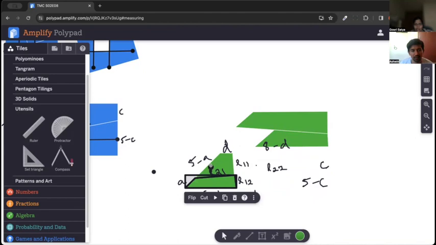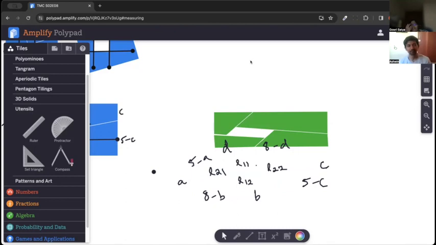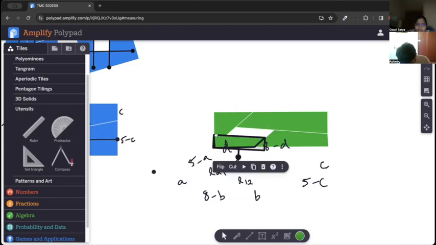Correct. This is exactly like how we rotated the pieces in the square, no difference. Oh, beautiful.